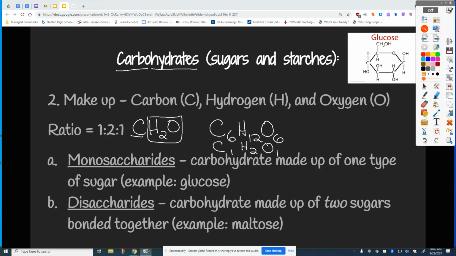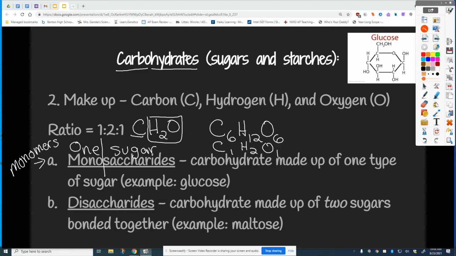Now, remember I said we're going to learn monomers and polymers, right? Monomers of carbohydrates are called monosaccharides. What does mono mean? One. And saccharide means sugar. So monosaccharides are one sugar.